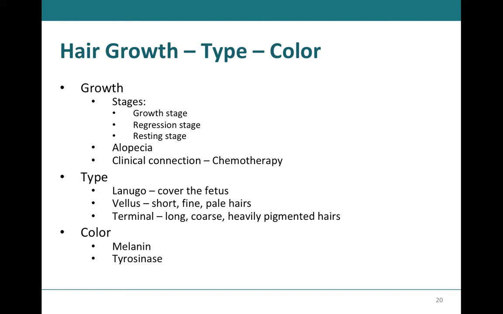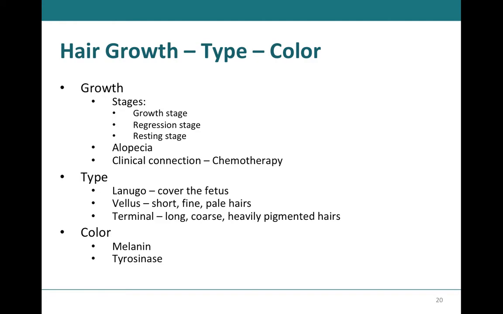So when people lose their hair during chemo, or a lot of their hair during chemo, that means that a lot of their hair is in that growth phase typically. And then we also have alopecia, which is the thinning or the loss of hair.